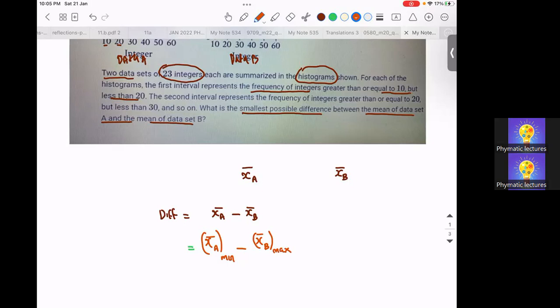Same strategy we are applying here. So the smallest possible difference means the minimum mean of data set A minus the maximum mean of data set B.